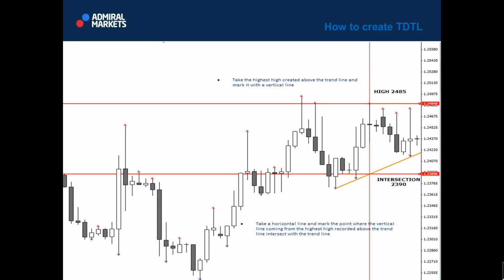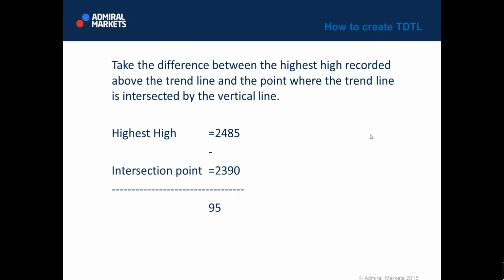You can clearly see it here. He says that you should definitely take an open candle, not a closed candle. So let's say that this candle has closed here. He doesn't count the close, he counts the open.